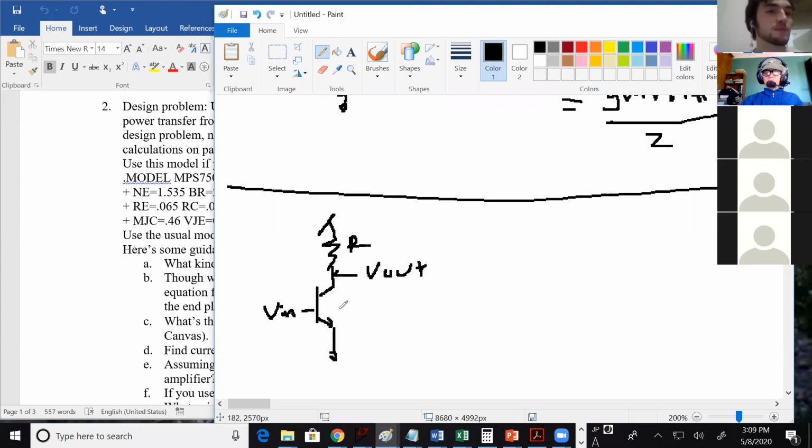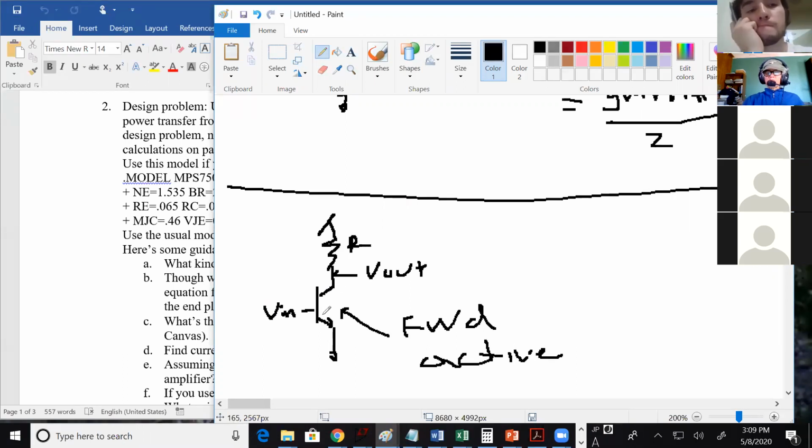If you assume this amplifier will give you the best gain when it's biased in the forward active region, then you want to make sure that V out doesn't go down too far and put it into the linear region.